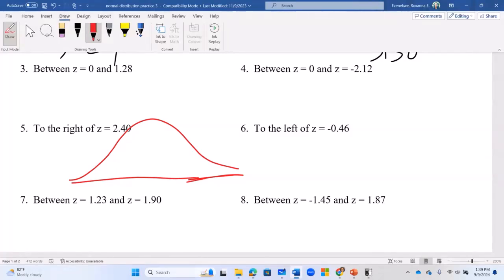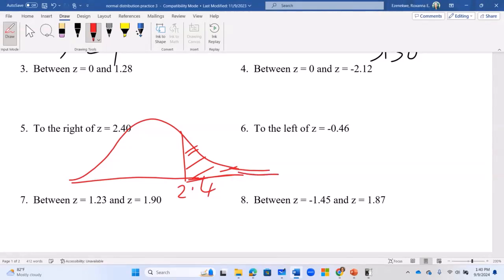Well, the next thing you want to ask yourself is, the number I'm given, should it be on the right-hand side or left-hand side of the mean? It should be on the right-hand side because it's positive. So it's a standardized score of 2.4. So I'm finding area to the right.